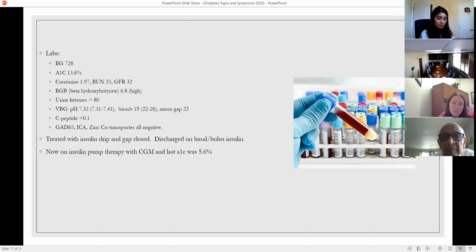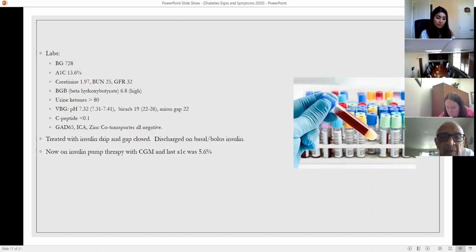She also had elevated urine ketones, and her venous blood gas was consistent with a high anion gap and a low bicarb. Her C-peptide was low, and C-peptide, remember, is a precursor of insulin production. Endogenous insulin is co-secreted with the C-peptide, so if that is low, it seemed that the endogenous insulin level was low.